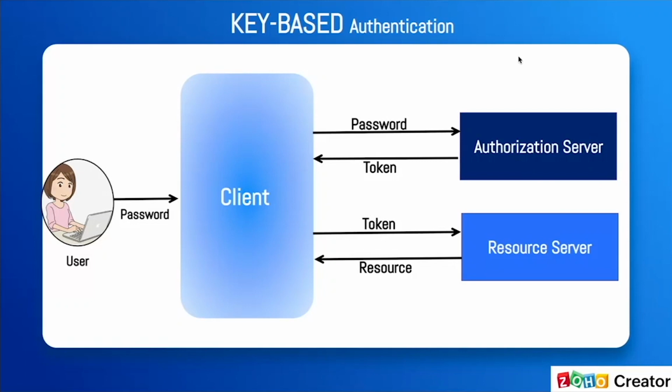And this token can be used to again access the resource, and you can get the requested data. And this token is valid until you revoke it. So this is one of the authentications that is required to perform an API.